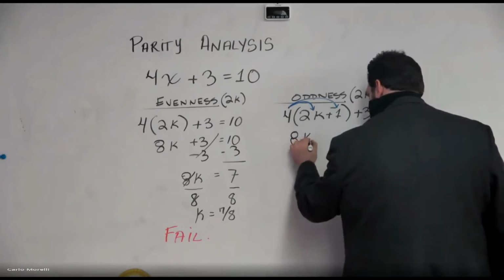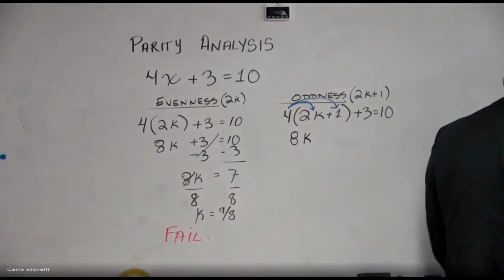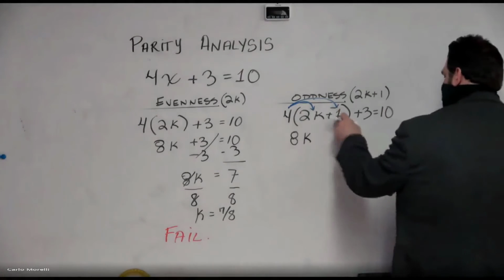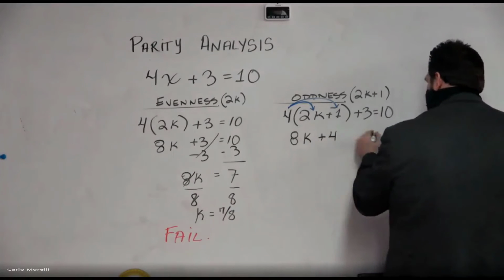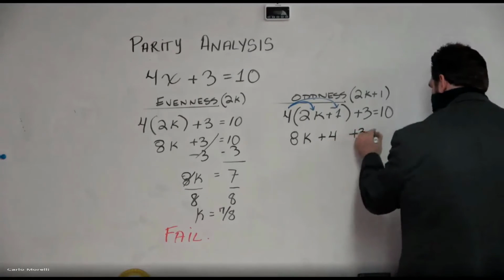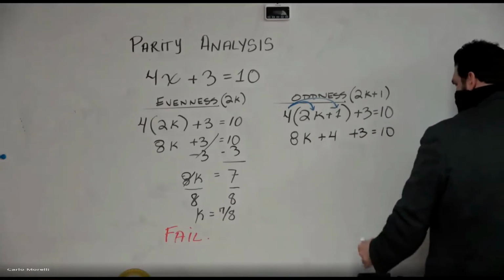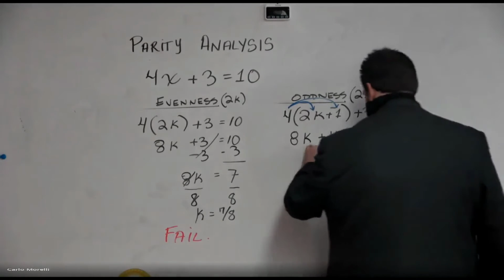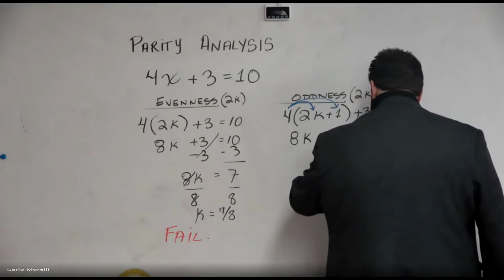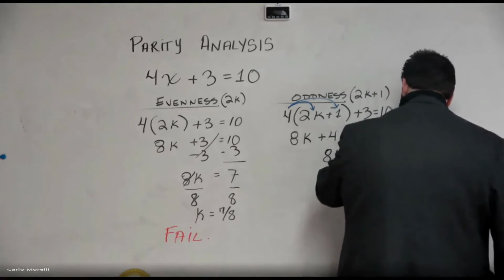Okay? That sounds like a good monitor resolution, 8k. 4 times 1, 4, plus 4. And now just bring down the plus 3 equals 10. All right, simplify this. So 4 plus 3, that's 7, right? So we've got 8k plus 7 equals 10.